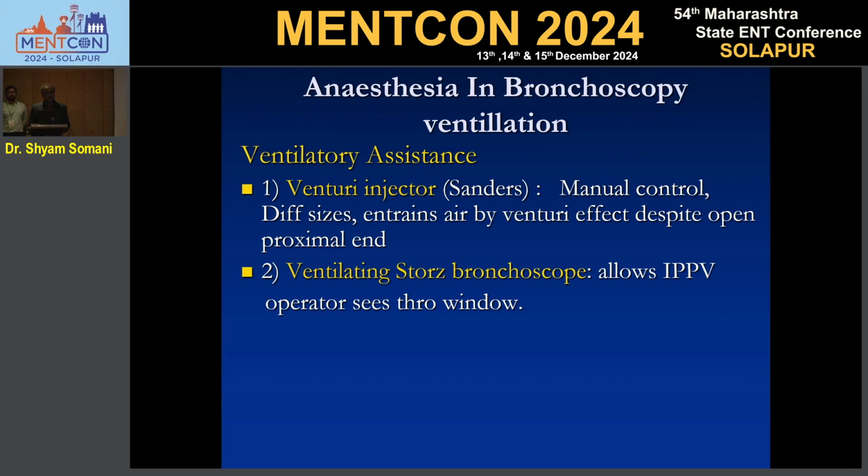The only thing is, I have to ask the anesthetist, please stop the Venturi, I'll do something, and then again start the Venturi, meaning ventilation. This is needed when I am doing anything in the bronchial tree, catching or removing the foreign body, doing suction.